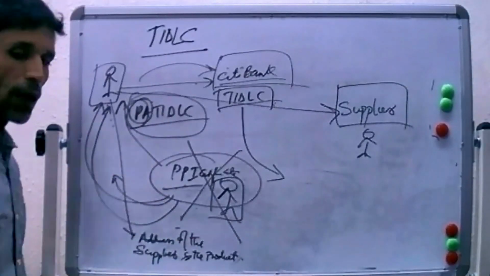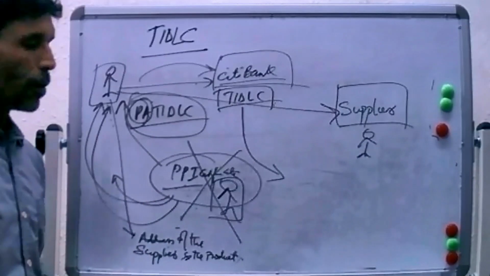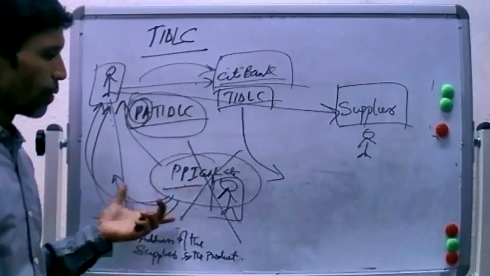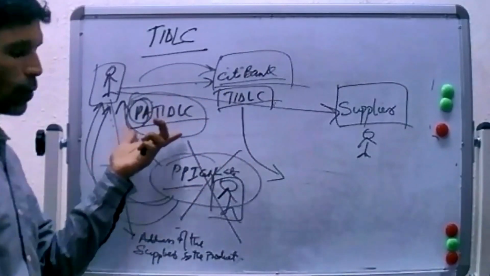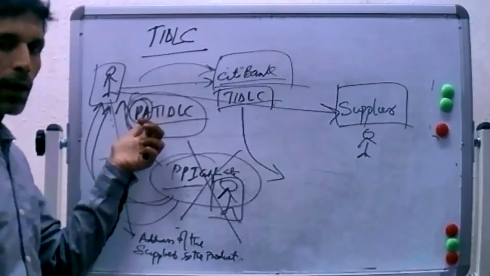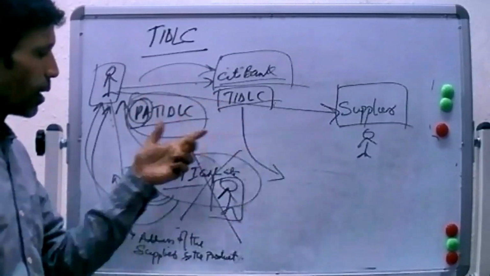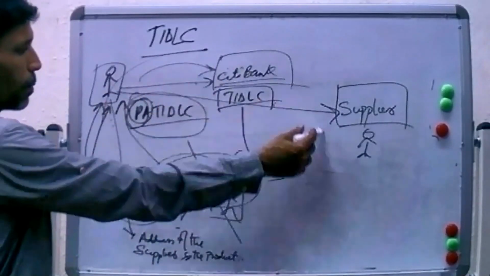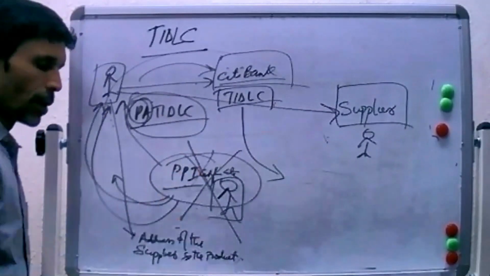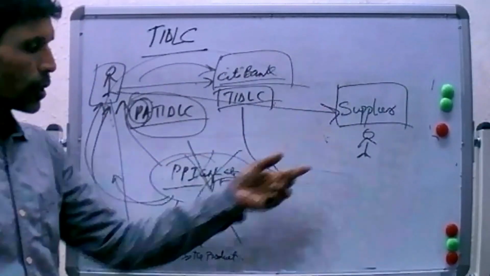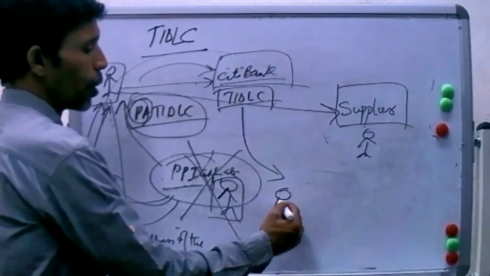You have to be very careful, because if you just provide a PPI certificate without getting a PA TIDLC to your bank, then this buyer will jump to the supplier, leaving you nowhere.